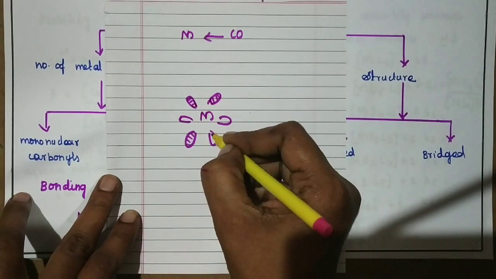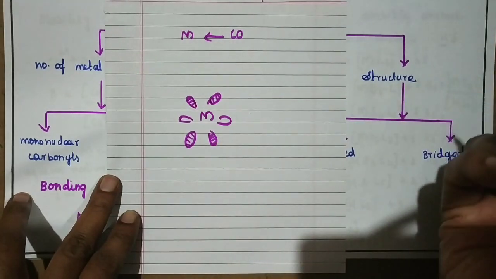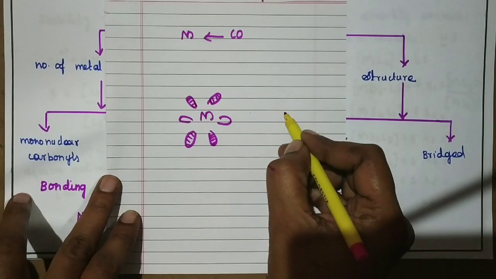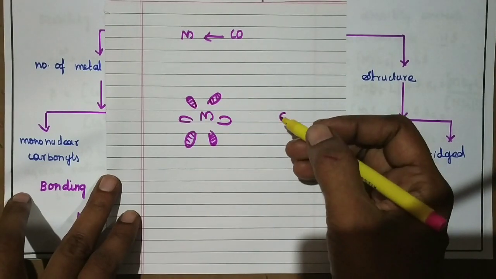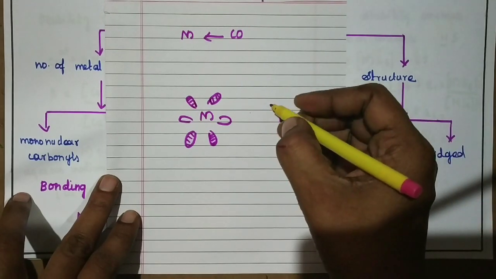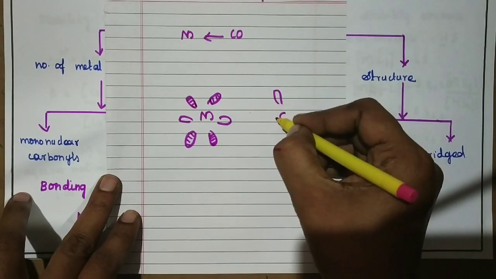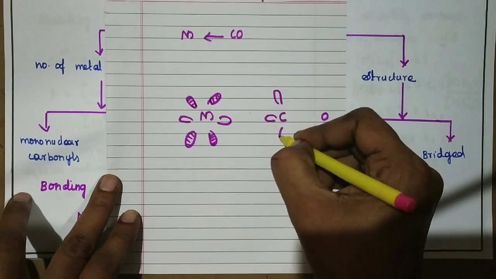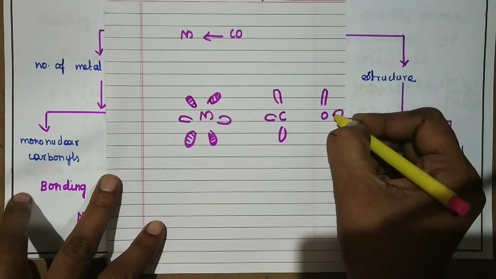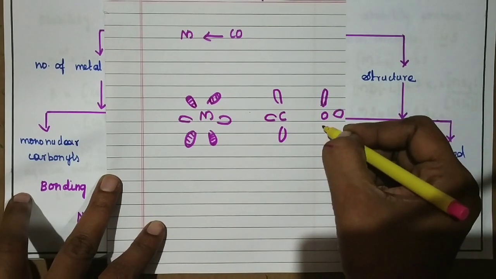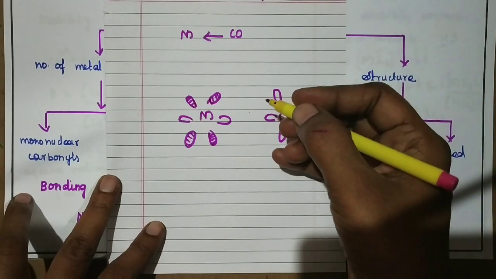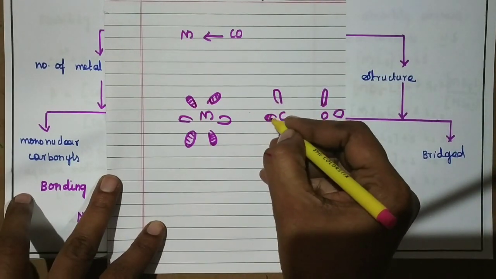Next is the ligand, carbon and oxygen, with a filled orbital.